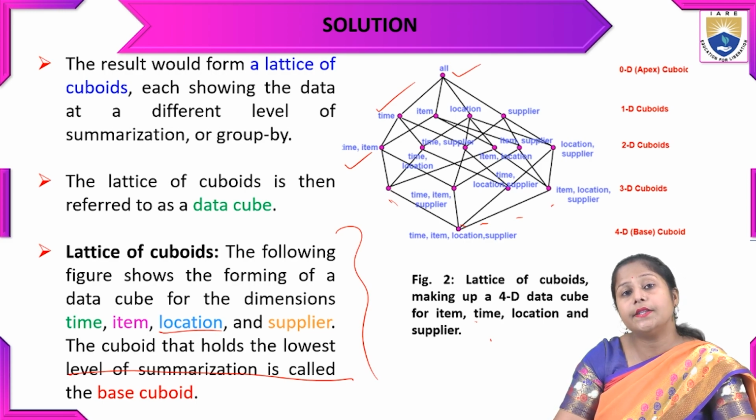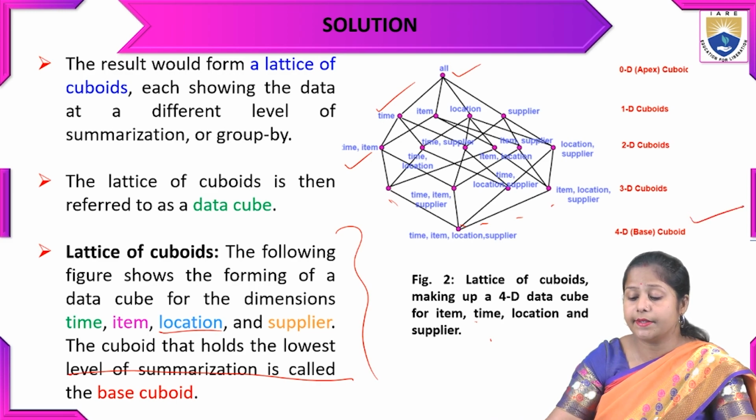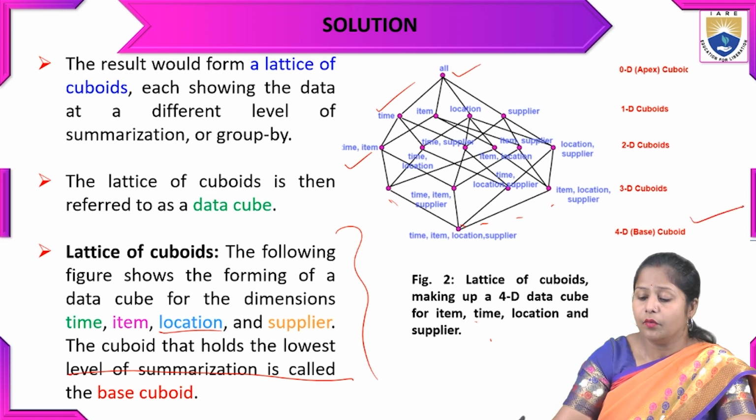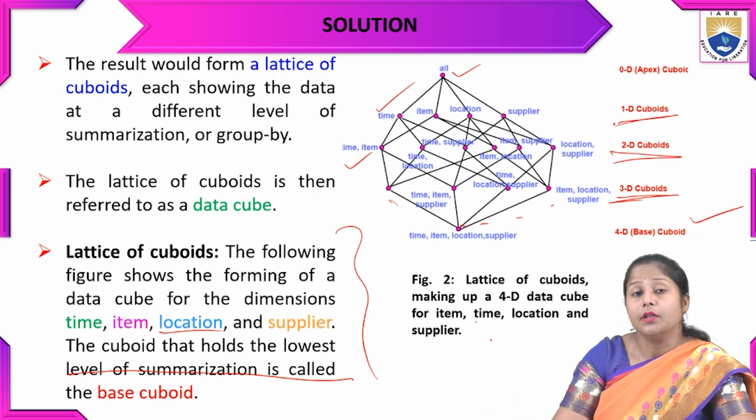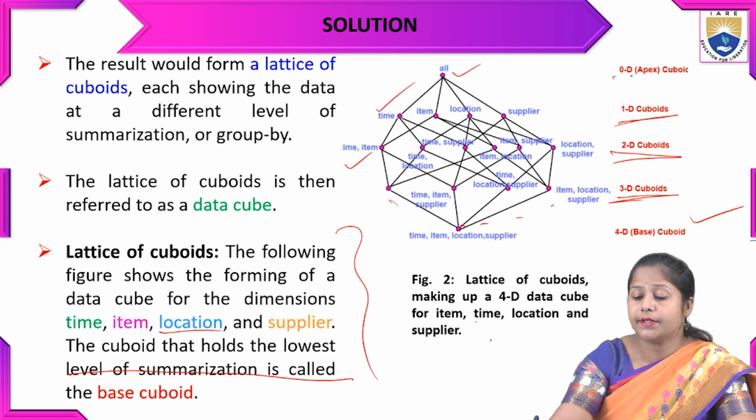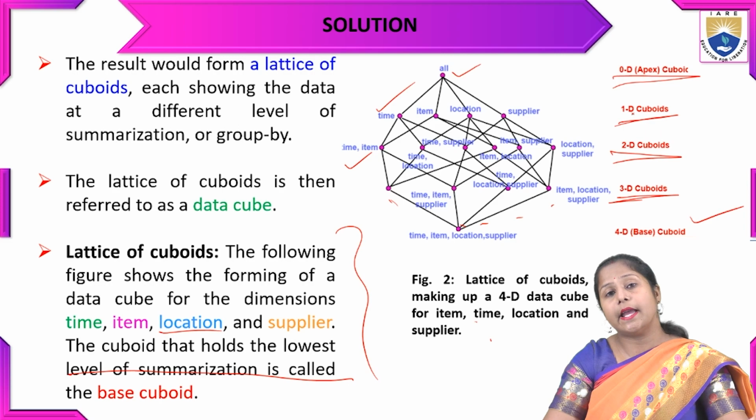So at the lowest level of the view, we can see the 4D, that is the base cuboid. Next we can see the 3D cuboid, next the 2D cuboid, next the 1D cuboid. So that will be the hierarchy of levels, and the last will be the 0D, that is the apex cuboid.